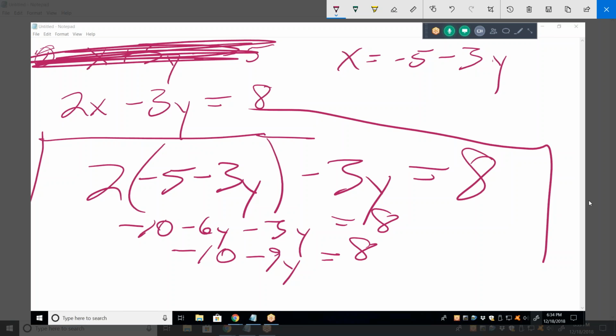Okay, read the next line to me. Okay. Y equals what? Okay. Are you done with the problem? No, you're not. You got to solve for both variables. So now what?